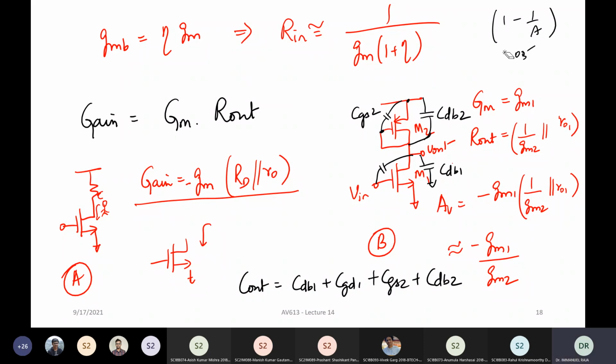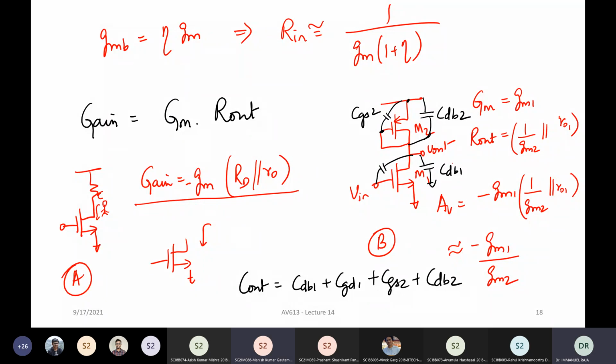So approximately equal to CGD. That small increase is quite negligible when you talk about all the capacitances put together. But you're right, it is CGD into 1 minus 1 by A. Okay, good.